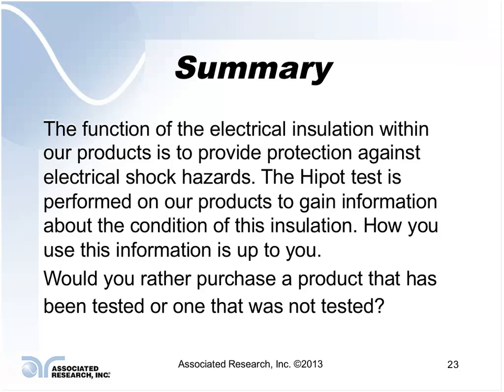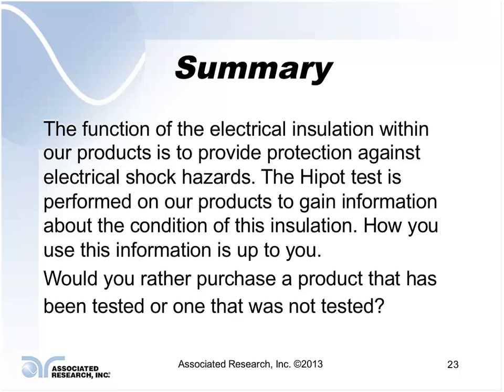Okay. Again, if you're doing a 60-second test or a 120-second test, this kind of thing. Type tests are normally conducted at 60 seconds. Routine production line tests run anywhere from 1 to 5 seconds. But there is also a difference in test potential.